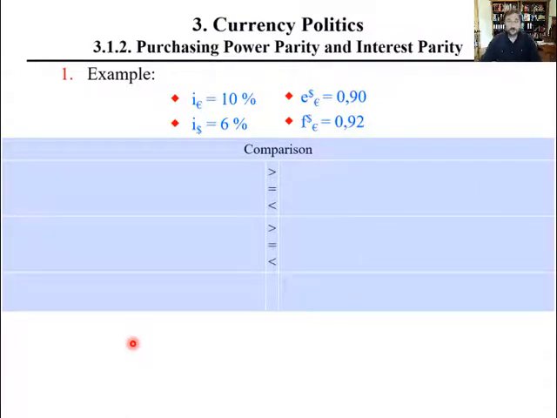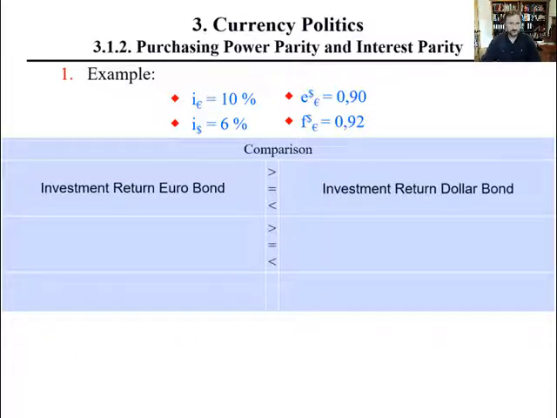Now we have to do the same calculations again, however only with the lower spot exchange rate as a difference. So what we have to do is compare an investment return in a euro bond with the investment return in a dollar bond.